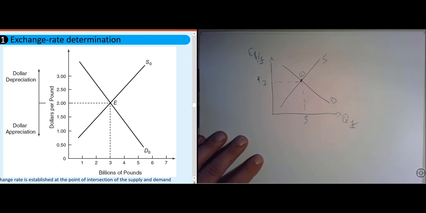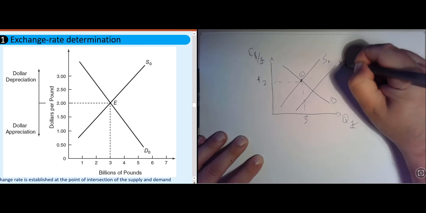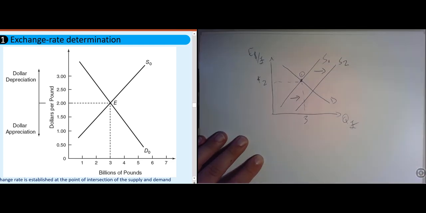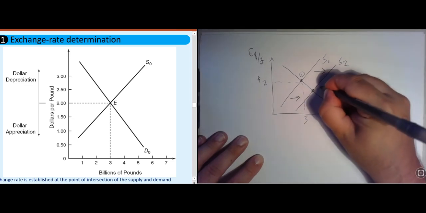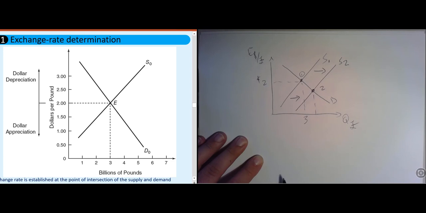Now, let's say that British citizens are willing to invest in the US economy more than before. So they rush to the market trying to get rid of their pounds and obtain dollars. So what we would observe in this case would be an increase in the supply of pounds, and this would lead to more pounds being transacted since the British are getting rid of them.